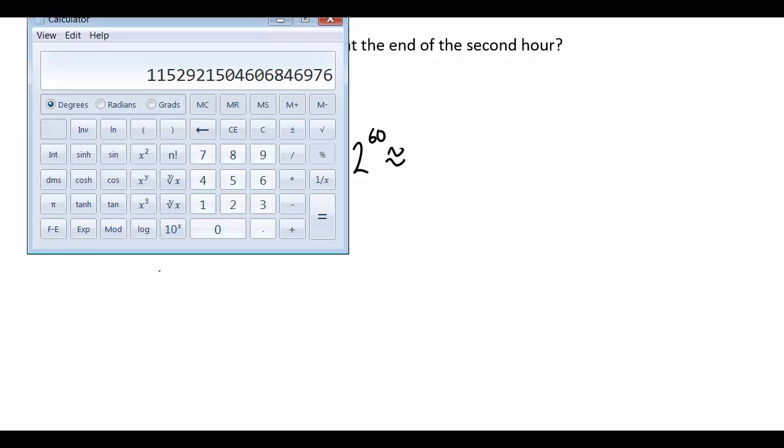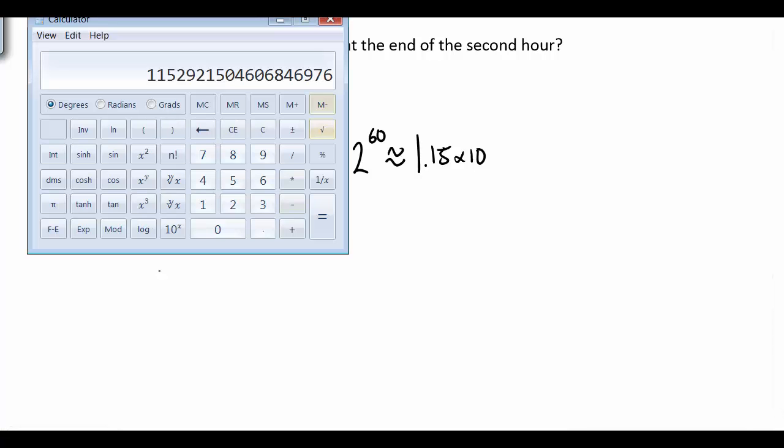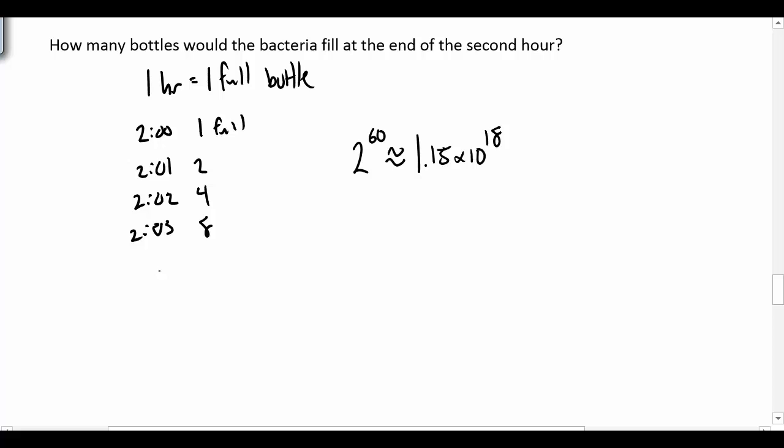We're going to go scientific notation here: 1.15 times 10, and then we'll come back in and count this. 1, 2, 3, 4, 5, 6, 7, 8, 9, 10, 11, 12, 13, 14, 15, 16, 17, 18. So 1.15 times 10 to the 18 power. You'd have that many bottles filled at the end of the second hour. That is a huge number.